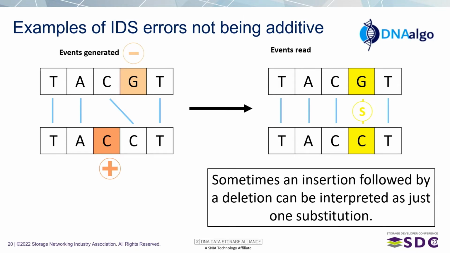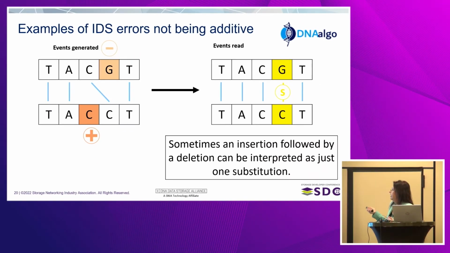Here we have another example. In this case, we had two errors. So these are the events that are basically generated. We had a deletion of a G, and then we had an insertion of a C. But as you can see, the length of the strand didn't change.